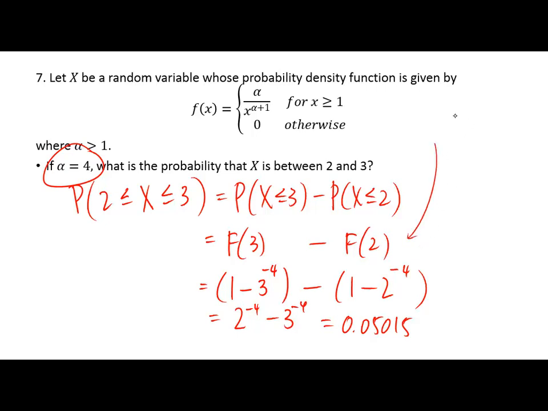Remember the CDF was 1 minus x to the negative alpha.